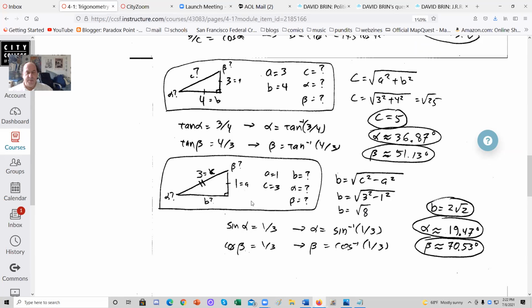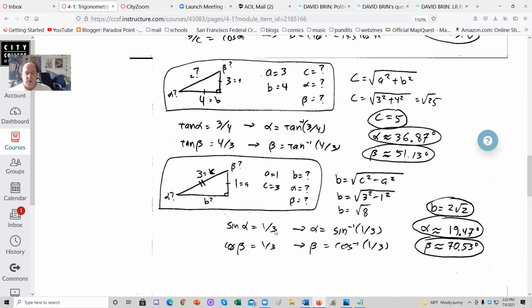Now, we have all three sides, but I always recommend using what I call the freshest ingredients, namely the information starting from what you're given rather than what you derive, because what you derive may be wrong, it may have approximation errors and so on. So here we have side A and side C. Alpha, that's opposite over hypotenuse.